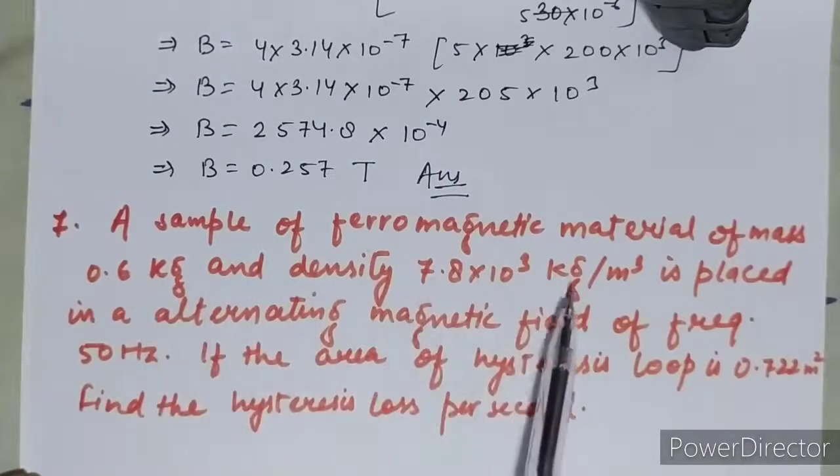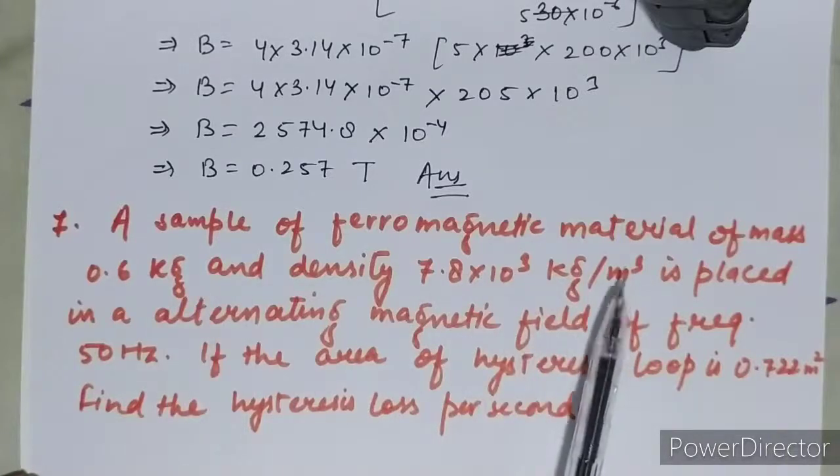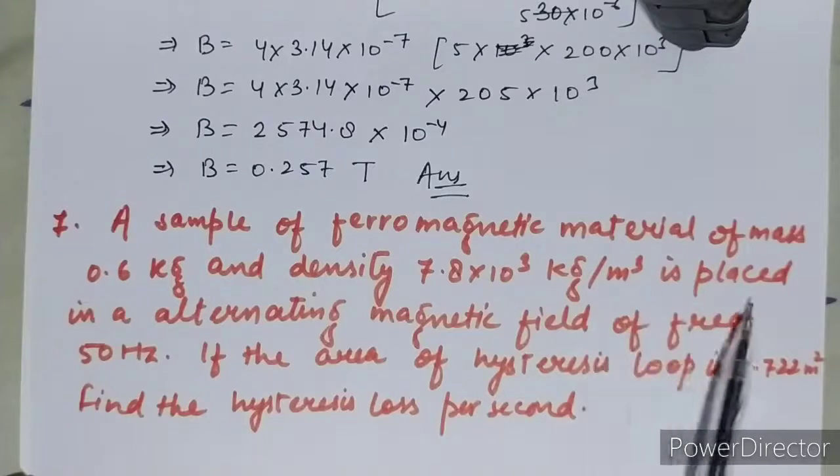The units are as we want, so there is no need to change the unit. Now the frequency of the alternating magnetic field is given, that is 50 Hz, and the area is also given, 0.722 meters square. Now you have to calculate the hysteresis loss per second.